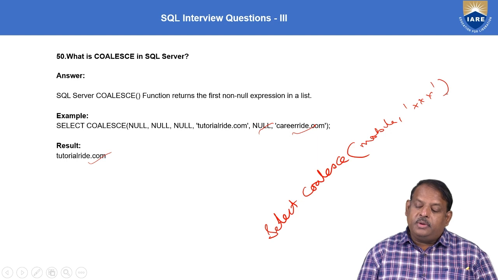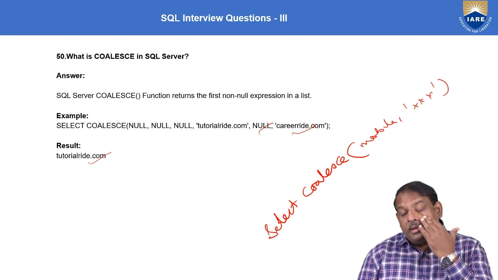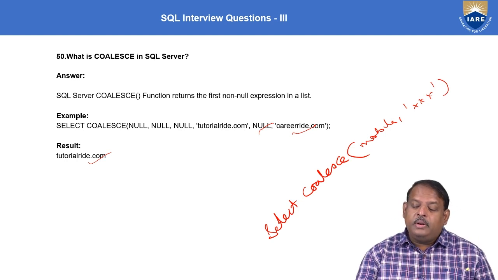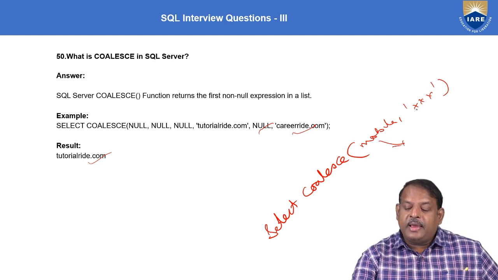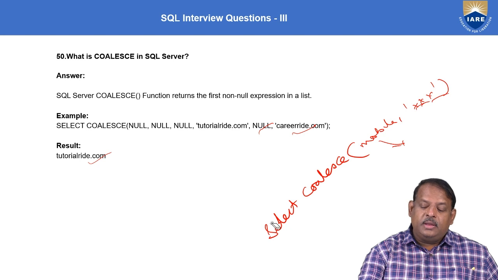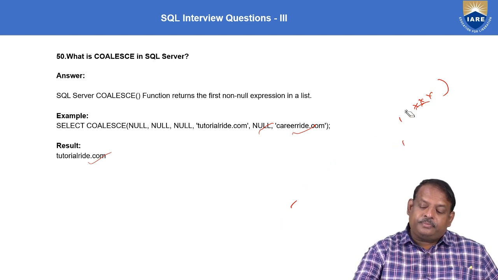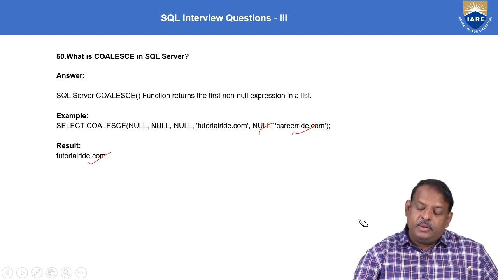What this does is, when there is a mobile number, it displays the mobile number. When there is no mobile number, it displays XXXX. So this is the COALESCE function in SQL Server.